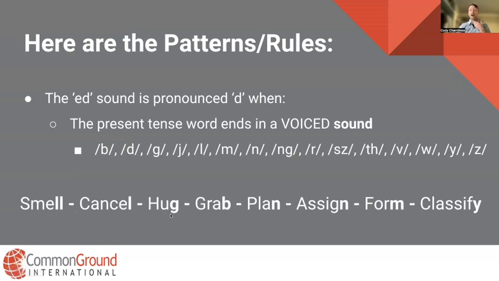Same thing with hug, grab, plan, assign. Try it for yourself. Touch your throat and notice the vibration happening with smell, cancel, hug. These are voiced sounds. So with voiced sounds, we always say d.